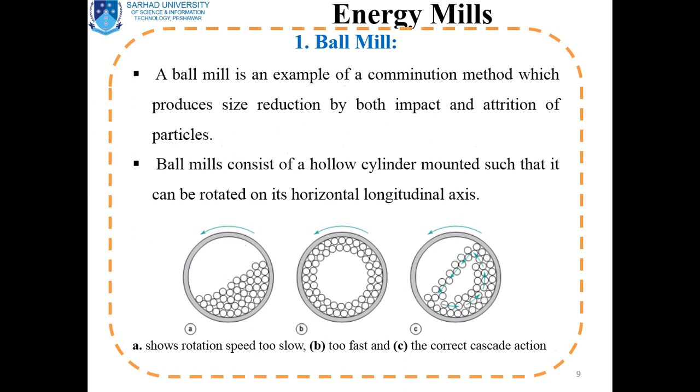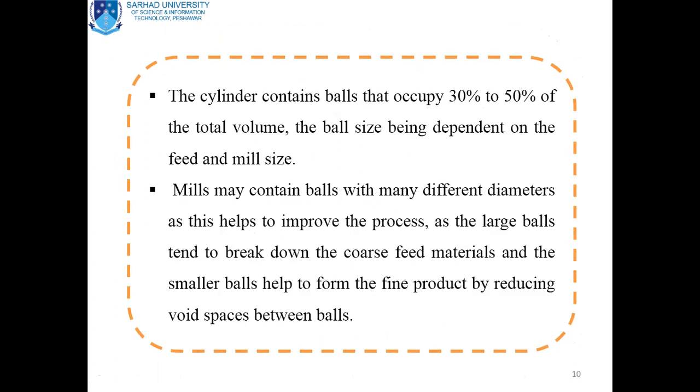In energy mills, we have discussed the ball mill, where the mechanism involved is impact and attrition for particle size reduction. This figure shows rotation at speeds that are too slow and too fast, as well as the correct cascade action of the mill.